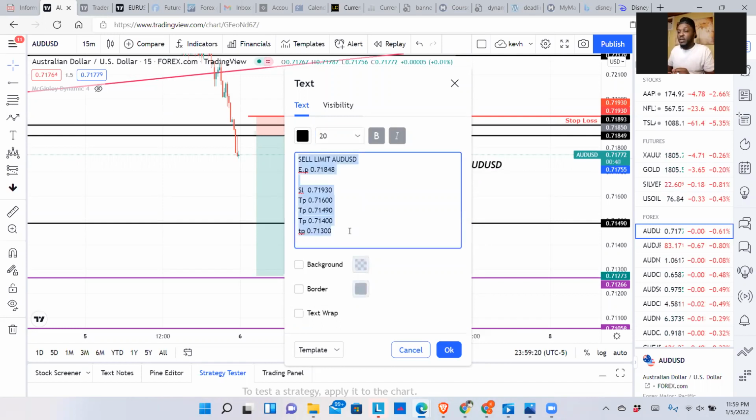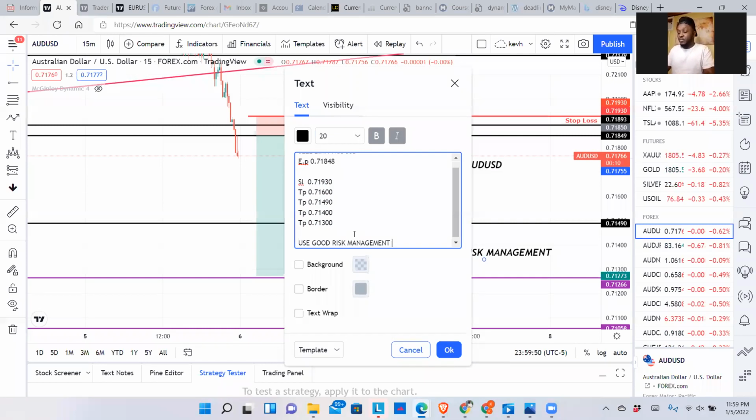I'll copy it for us. Always, right? If you decide to take this, this is a trade idea. Manage. Sometimes I can't type.